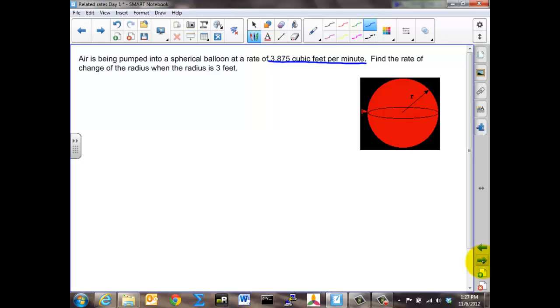We have a rate, 3.875 cubic feet per minute. What is that the rate of? The volume of the balloon when you're pumping it. This is dV over dt.